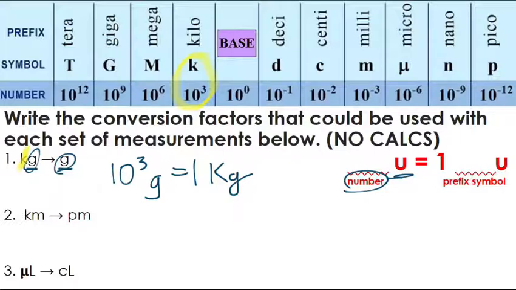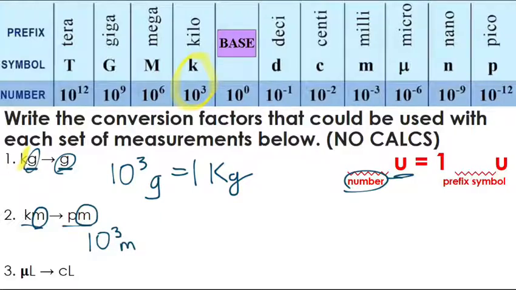It's that simple. Now, the next one's a little bit more complicated. When we look at these units, finding what's the same on both sides is our M for meters. Both sides of this conversion have prefixes on it, which means we're going to need an equation for each of them to use in our conversions, in our dimensional analysis. But that kilo conversion is going to be very similar. Kilo is still 10 to the 3.